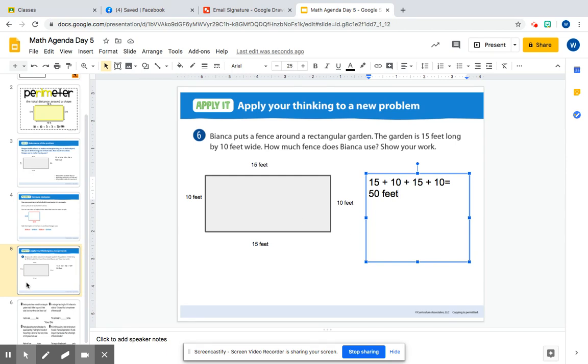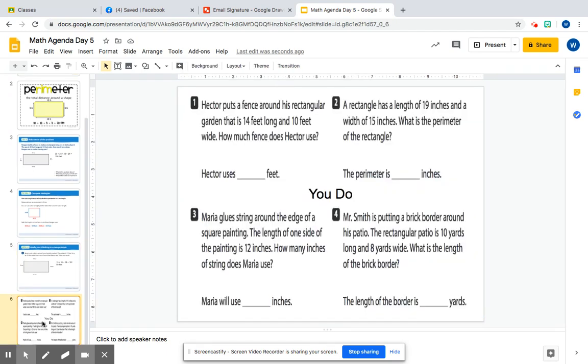Okay? So you have 4 problems to work out. You're finding the perimeter in all 4 problems. So you can draw a picture if you need to.